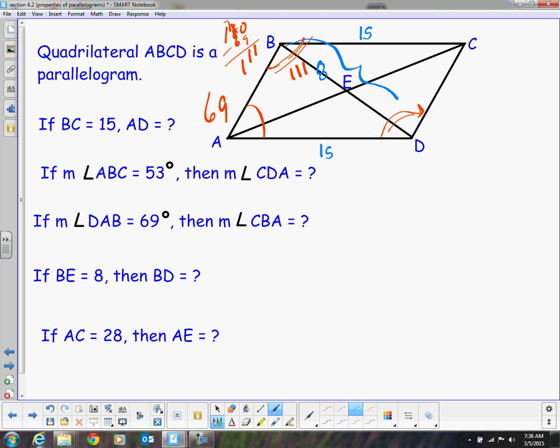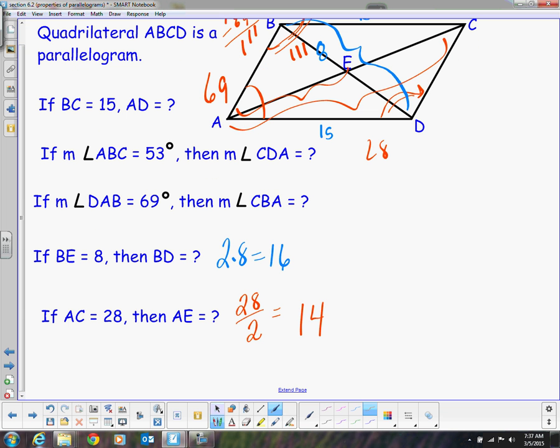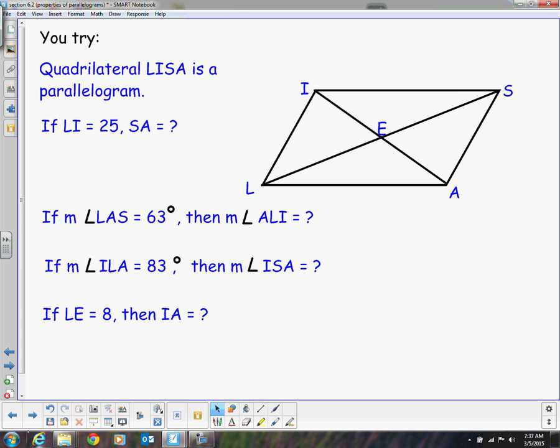Can you give it to me? 2 times 8, which is 16. If AC is 28, what is AE? What did you do? 28 divided by 2, which is 14. So is this hard yet? You liking parallelograms? Okay. You try.